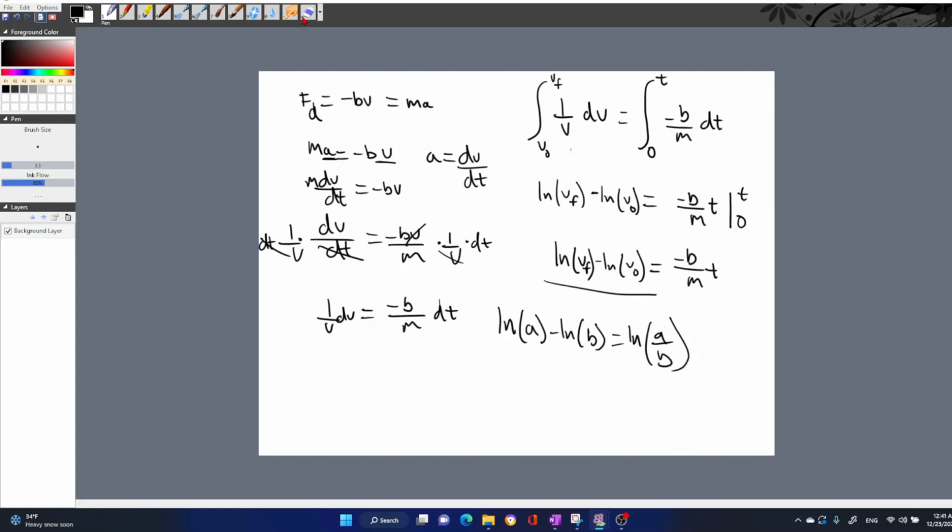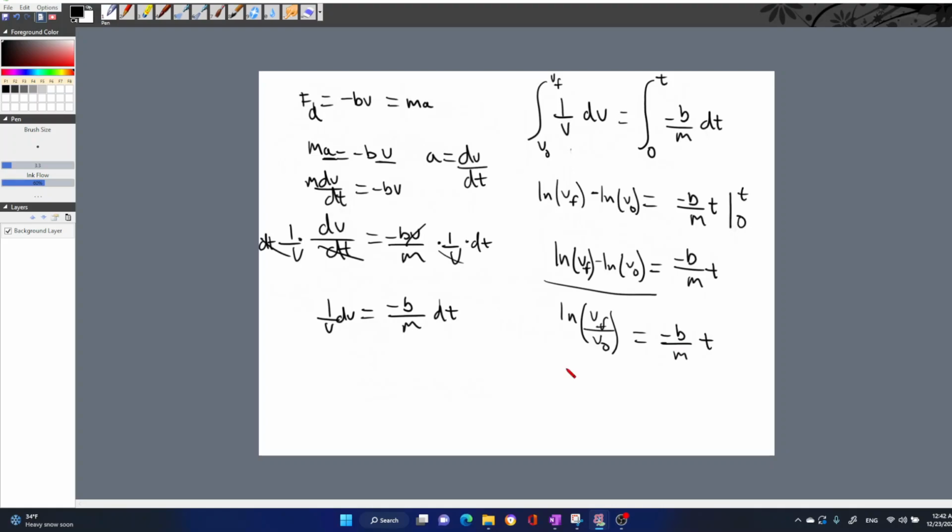This is a property for logarithms you should know. So apply that, and then we should get ln of vf over v naught, which is equal to negative b over m t.